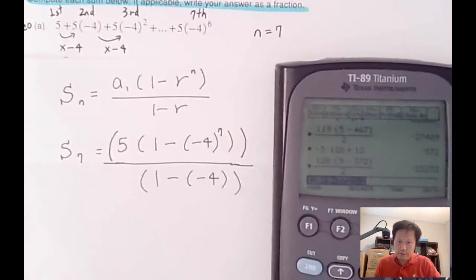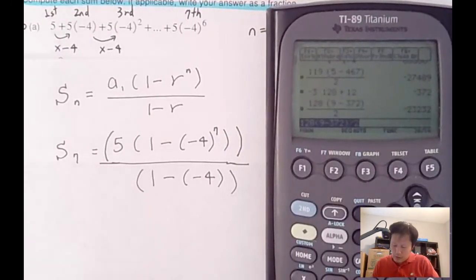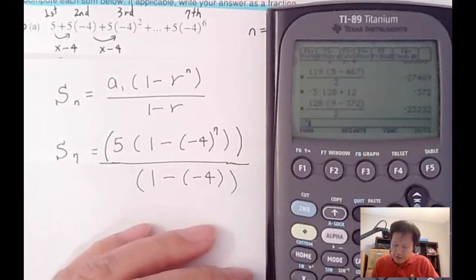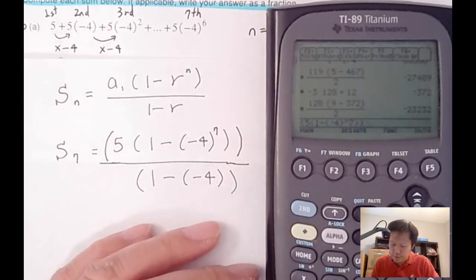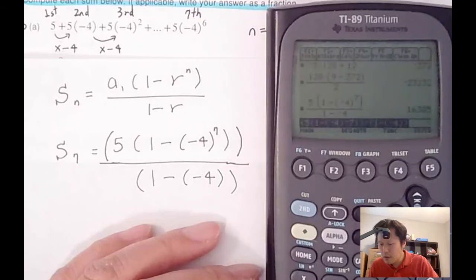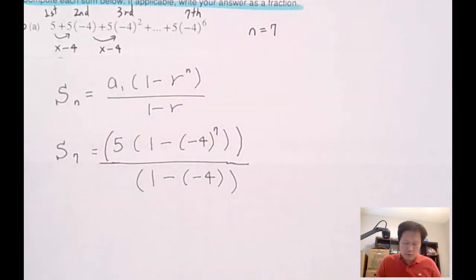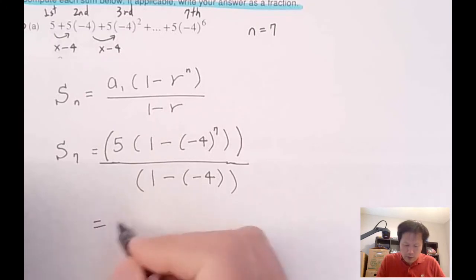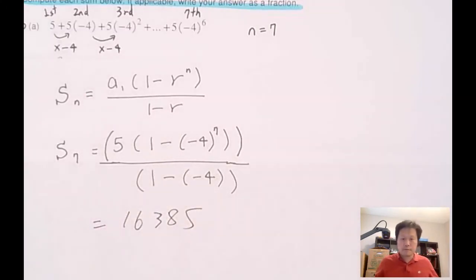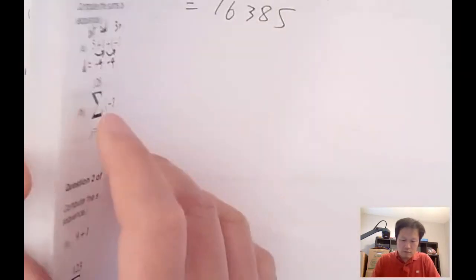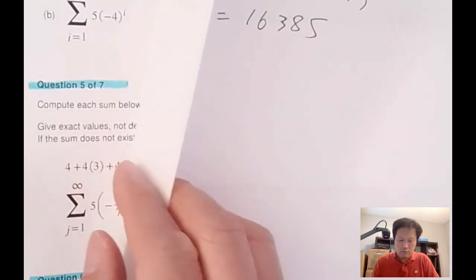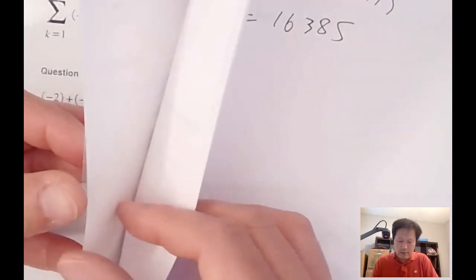I'm going to do 5 parenthesis 1 minus parenthesis minus 4 power of 7 close close, divide by open 1 minus parenthesis minus 4 close close, and I got 16385. Yes, that is correct.